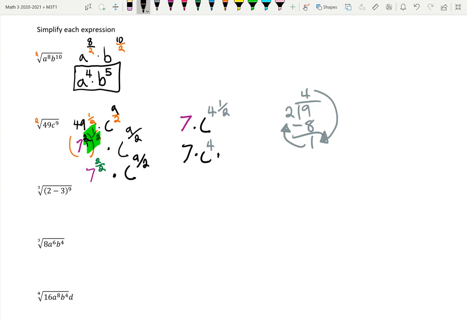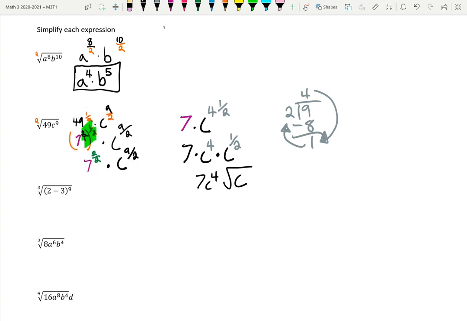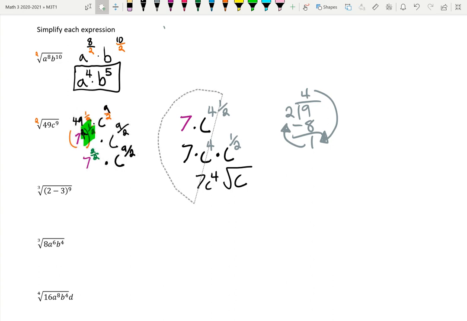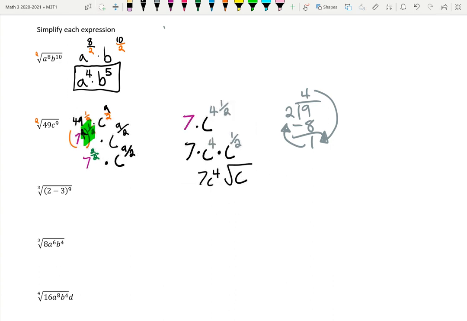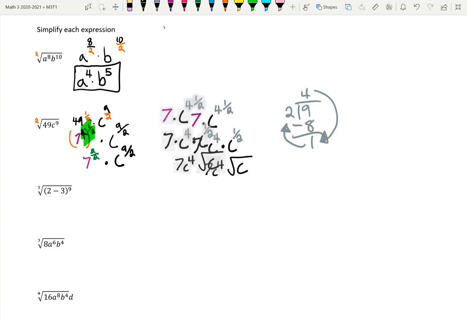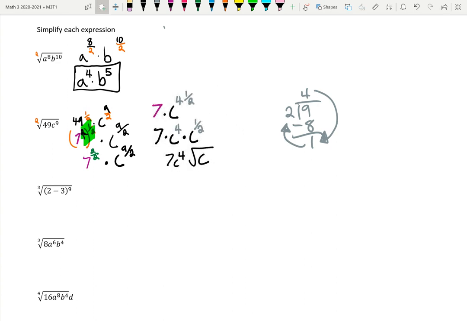And I'm going to split up that 1/2. It's still going to be c to the 1/2. This leads me to have 7c to the 4th times the square root of c after I change it back. So the idea is I reduce this by taking some of the elements out of the square root. Even though my final answer has a square root, I am happy my answer is less complicated.